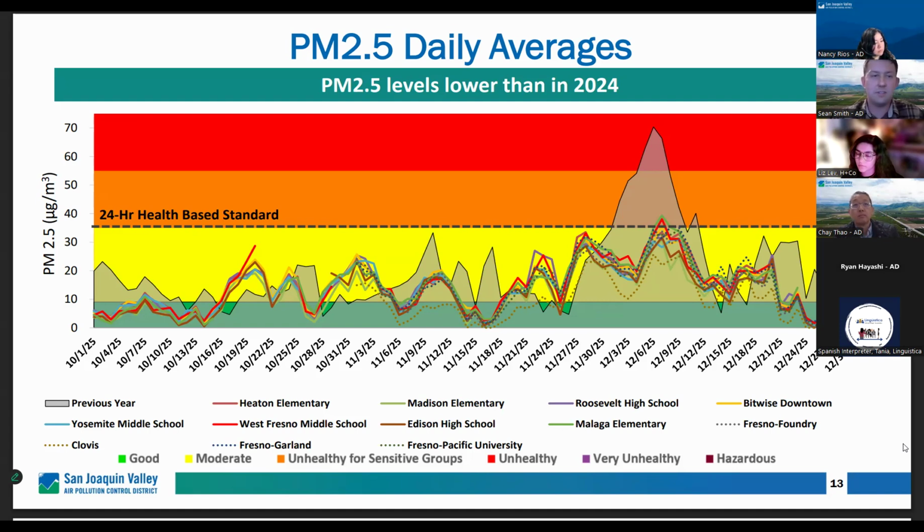What you'll notice is in 2025, there's only 3 days roughly where we actually break the 24-hour health-based standard. And then in 2024, we had about 7 days in the unhealthy for sensitive groups category, and only 3 days where we were in the unhealthy category. So the air quality for the most part has been under that 24-hour health-based standard.